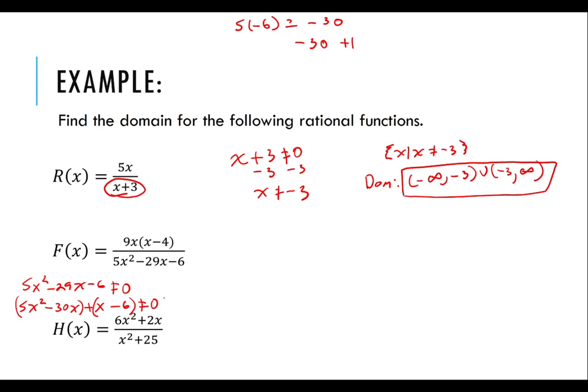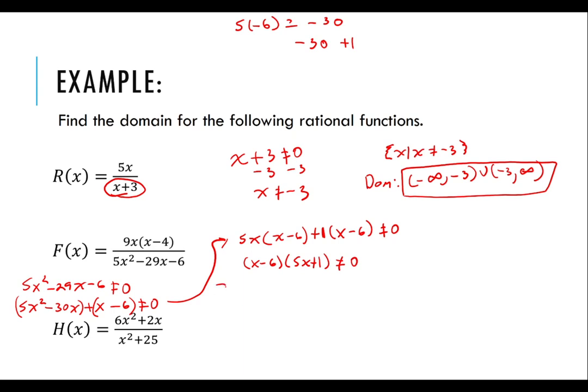So this will then factor as: the GCF of that left binomial is 5x times x minus 6, plus, we do need a placeholder, so x minus 6 has the greatest common factor of just 1, 1 times x minus 6 can't equal 0. Then we get that this is x minus 6 times 5x plus 1 cannot equal 0.